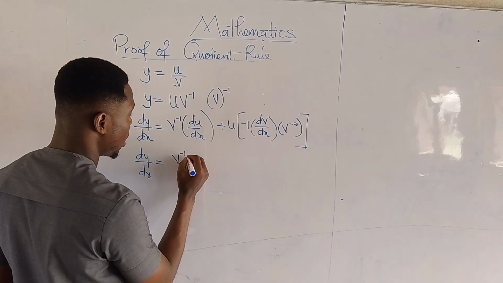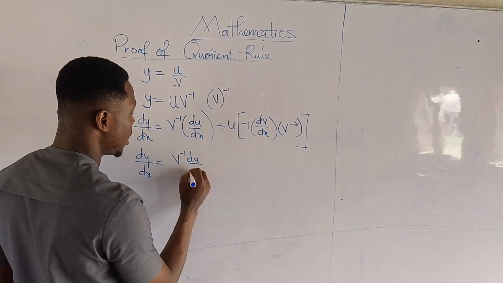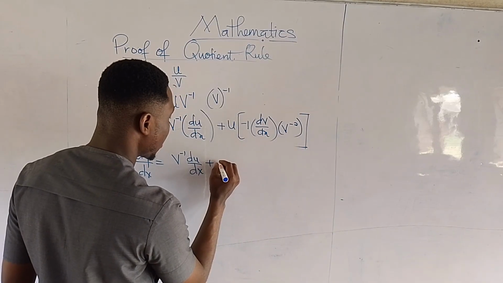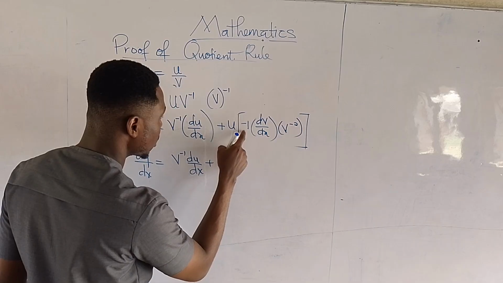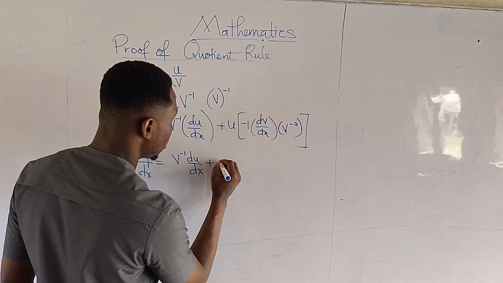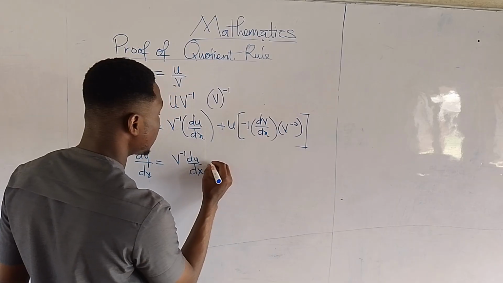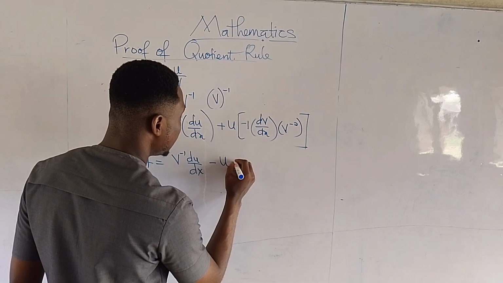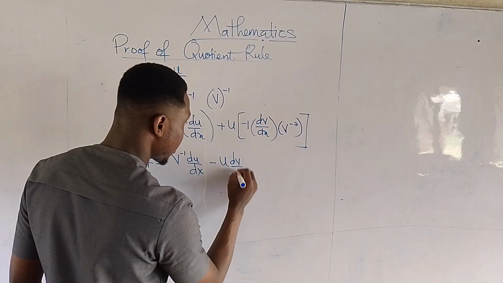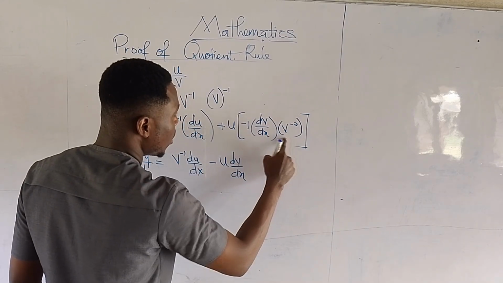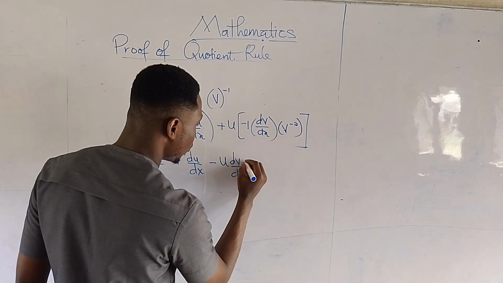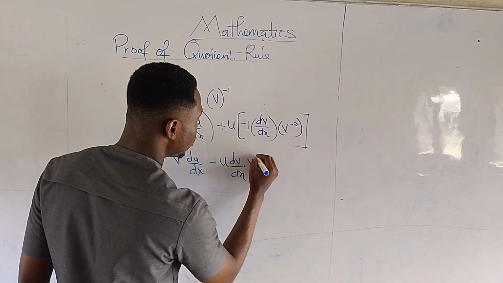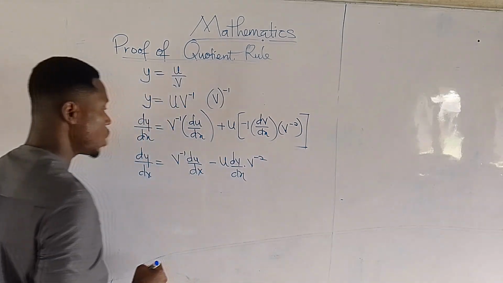This is v negative 1 multiplying du over dx plus, when we multiply the whole of this, we have negative u, bracket open, dv over dx, giving us what? v multiplied by v negative 2. So multiplying v negative 2. We can drop this thing.